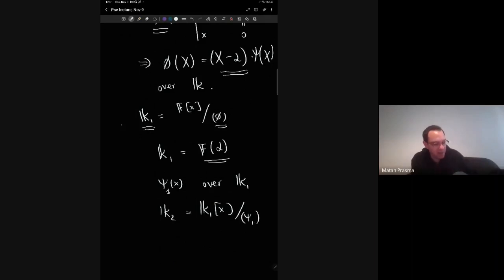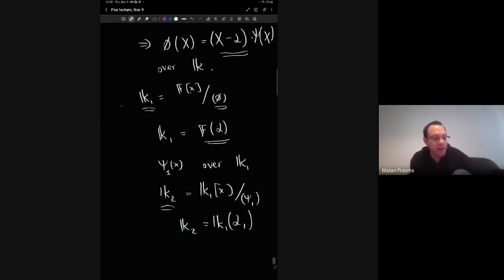And again, psi1 will have a root in K2, and K2 will be the minimal field containing K1 adjoining some root alpha1 of psi1. And I continue.